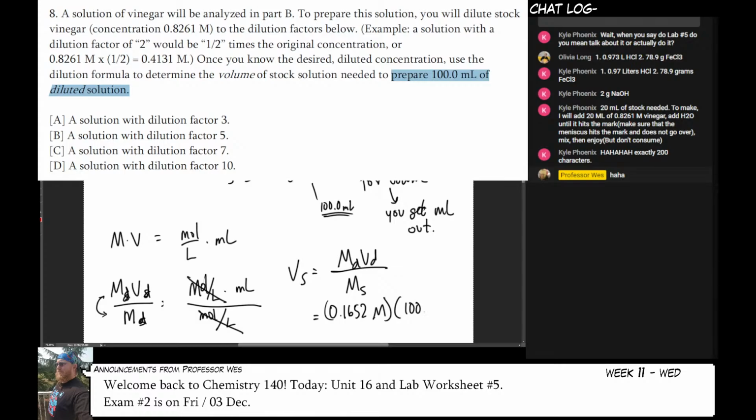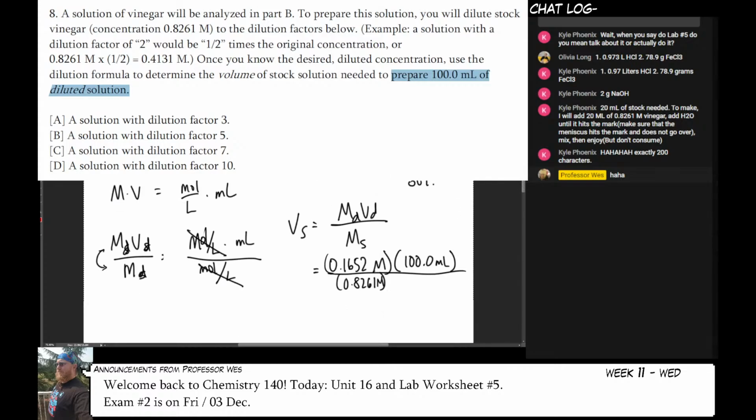The volume I wanted to prepare was 100. Oops. Don't do 100 liters. That's way too much. If we had every student making 100-liter solutions, we would literally fill the entire room. All right, and then our molarity cancels out, and here you should get 20.